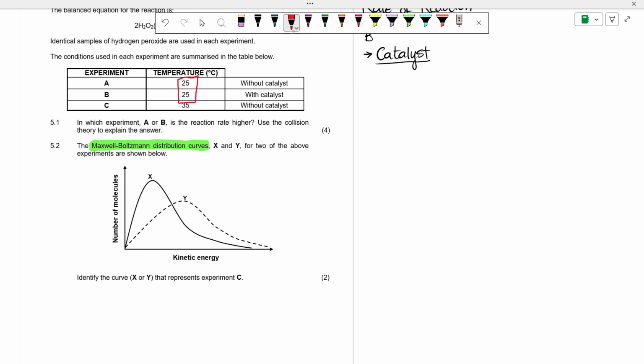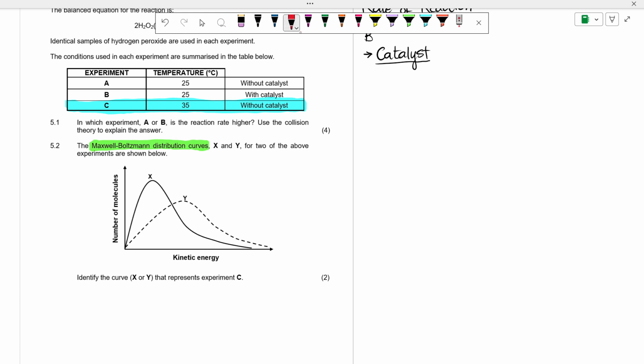Then the question is to identify the curve x or y that represents experiment C. So looking at experiment C, which curve x or y is giving that experiment? Why? Because it has higher temperature. Yes, it's y because it has higher temperature.